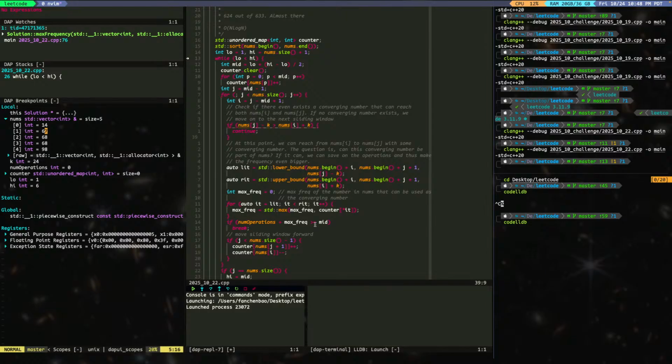Wait, hold on. So they have to be the same. So the question is, how many need to be operated? Hey, I have 68. That should give me the max frequency should be 2, right?